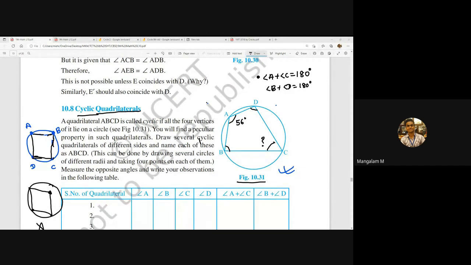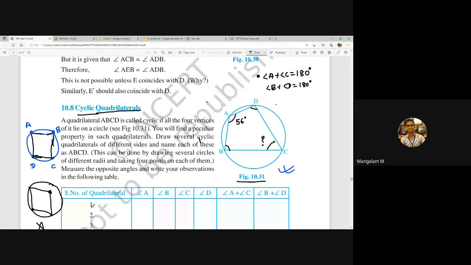So you have to say what will be the measurement of angle C. So it is 124 degrees, very good, because we know that angle A plus angle C is equal to 180 degrees. Angle A is 56, so angle C is equal to 180 minus 56. So finally we get angle C is 124, right? So this is the very basics.